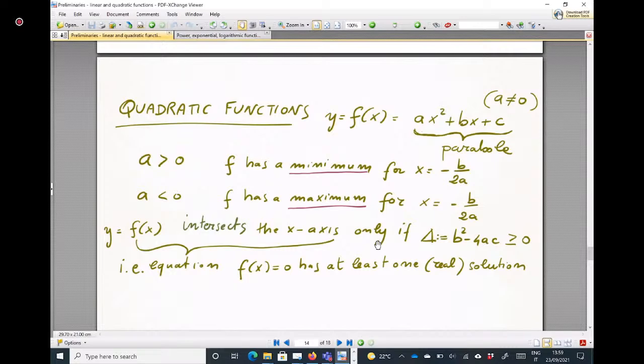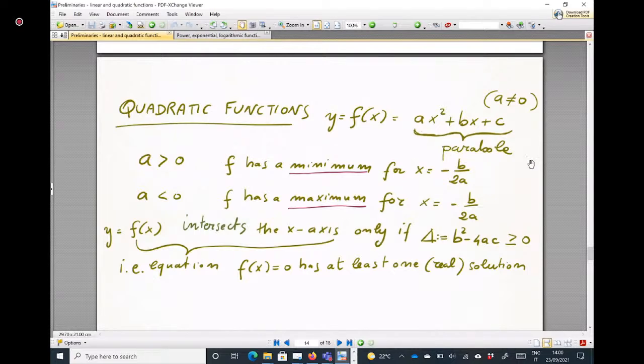So in many cases, we can understand almost all about the local properties. Local means near some point of a function, of any function, by just looking at the first order approximation, which is the linear approximation, and the second order approximation, which is the quadratic approximation.